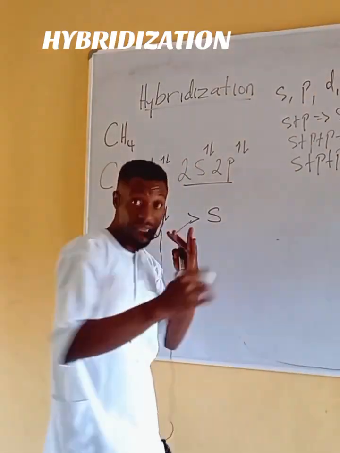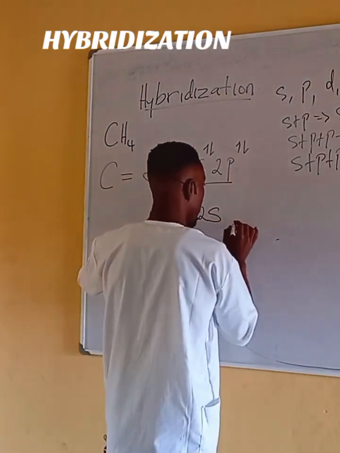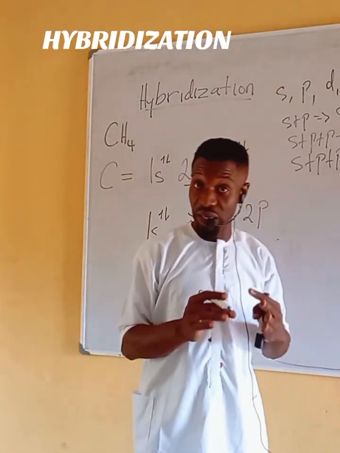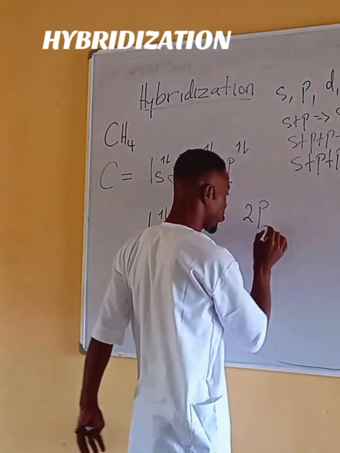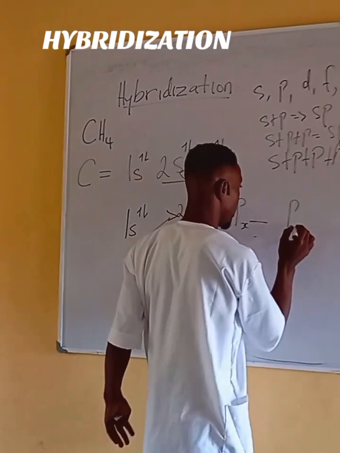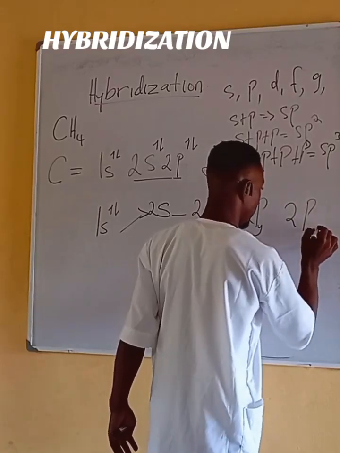I'll take it step by step so that you understand the concept. So you have 2s here, and 2p having sub-atomic orbitals known as 2px, 2py, and 2pz.